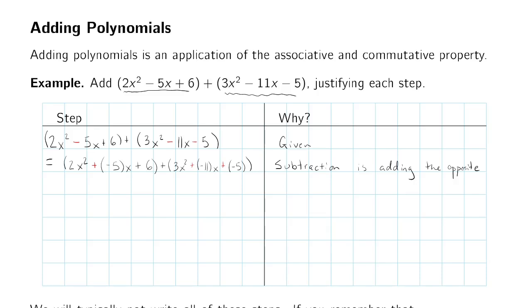Since that addition is associative, we can rewrite it without the parentheses. And now we have an expression with just a whole bunch of addition in it, no parentheses, and the fact that addition is also commutative allows us to change the order in which the terms appear. And the way in which we'd like to change the order is to put like terms together. So we have two terms with x squared in them, and we'll write those first.